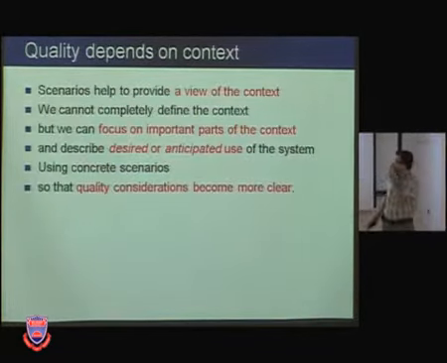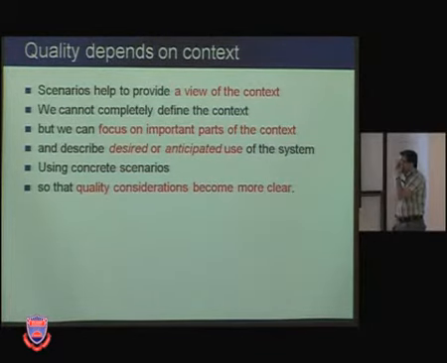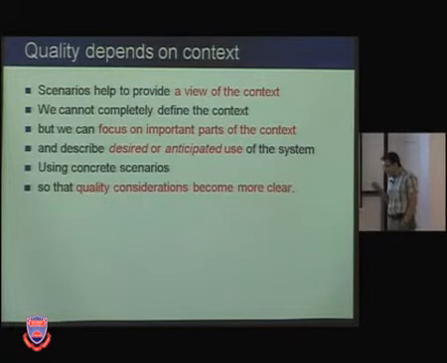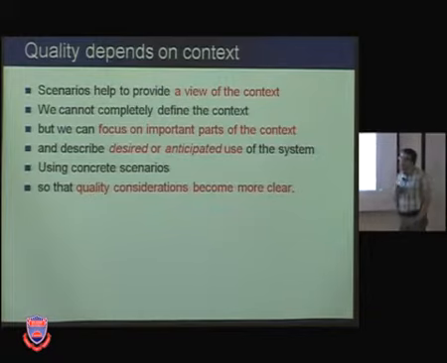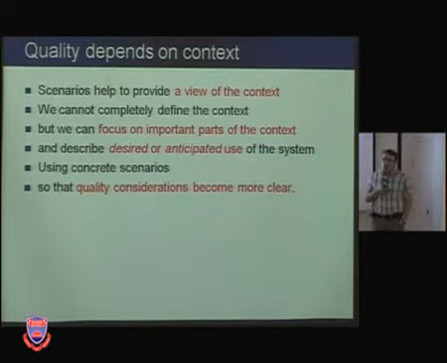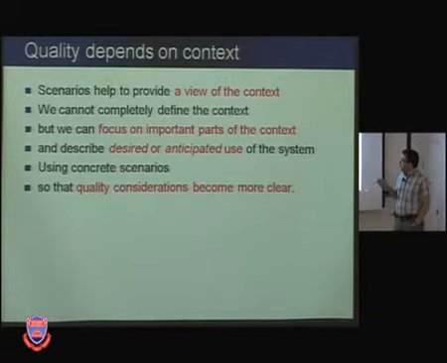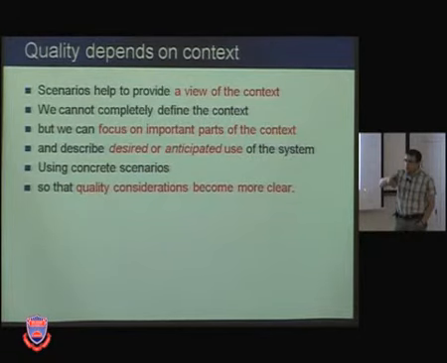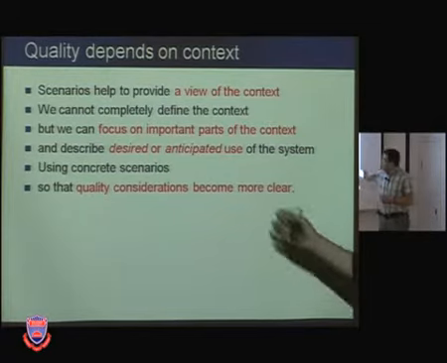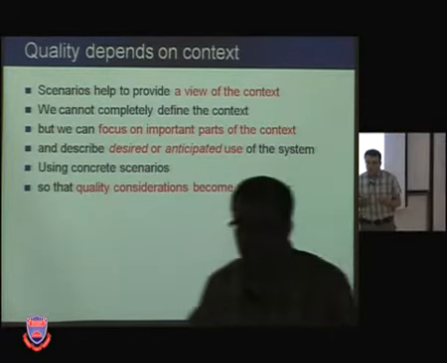And that can actually be done by the use of scenarios. Quality depends on the context. Scenarios provide you a view of the context. Although we cannot completely model the context, we can still focus on important parts, for some stakeholders, some concerns, and describe desired or anticipated use of the system using some concrete scenarios, so that quality considerations become clearer.